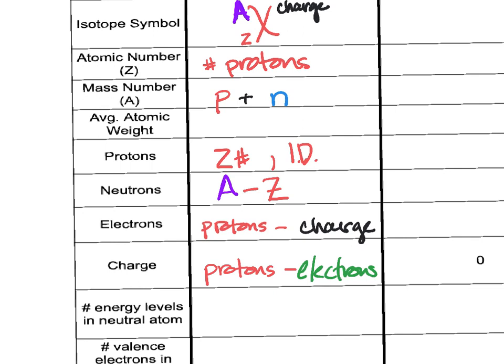You're going to take your percent abundance and times it by the mass of the isotope. So I'm just going to put M there for mass of the isotope. And then you're going to continue on for however many isotopes you have.